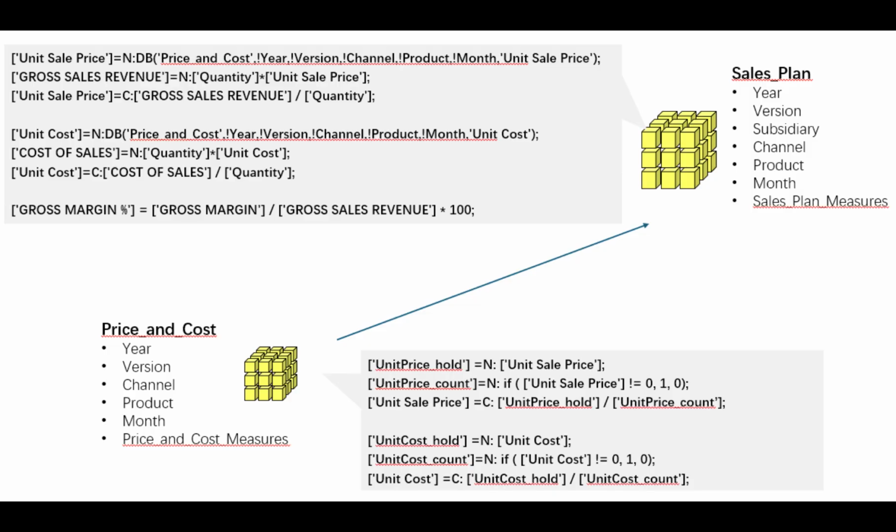The second cube is named sales plan, which stores data of sales quantity, and multiplies the quantity with the unit prices and unit costs in the price and cost cube to calculate P&L measures of the sales plan. Cube sales plan has one extra dimension, subsidiary, compared to cube price and cost. The calculation rules for each cube are listed beside.